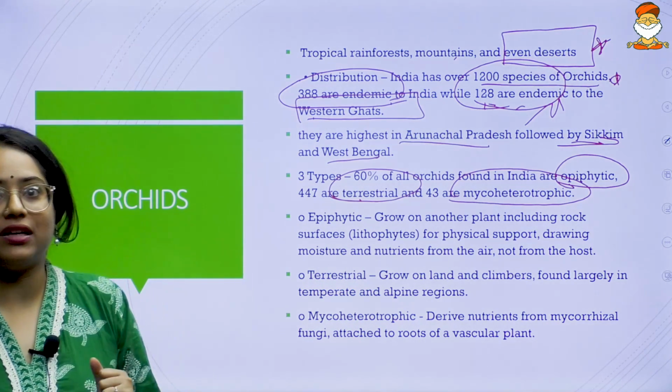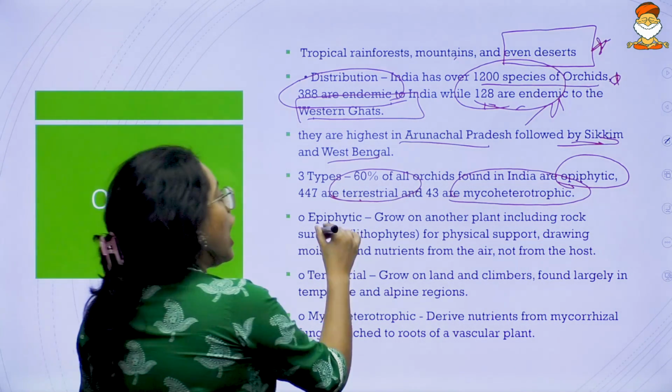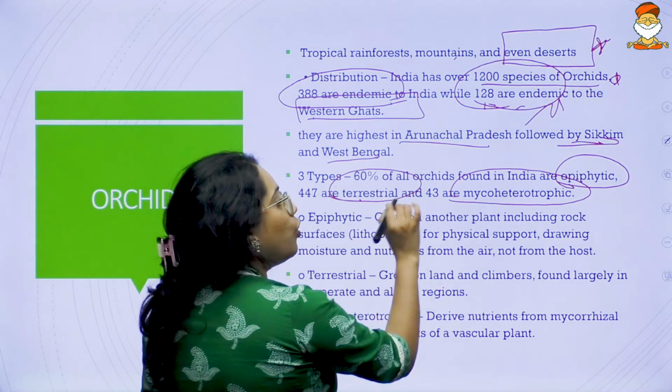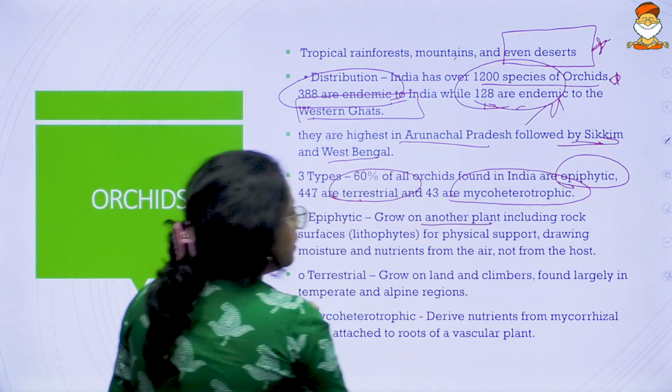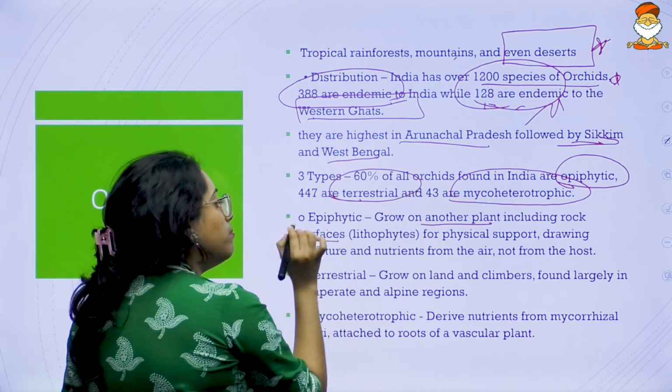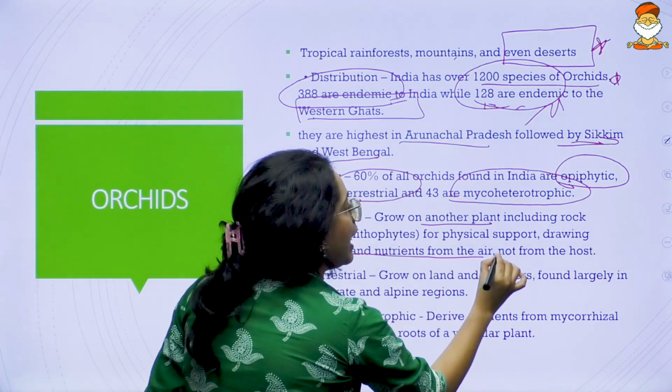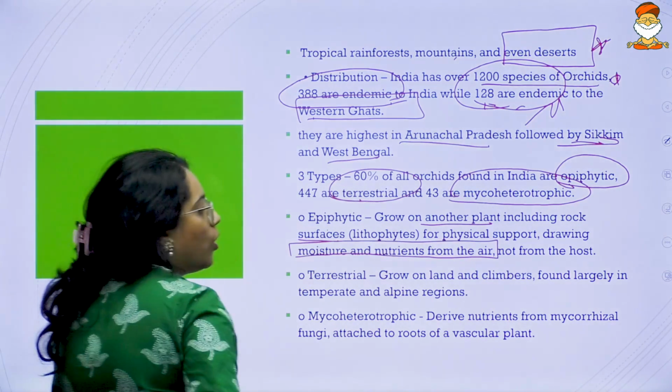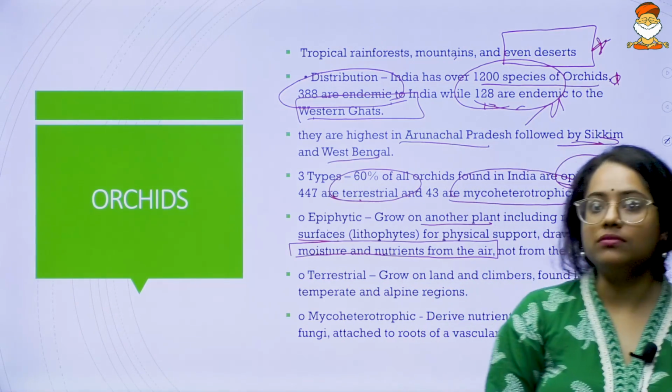From that categorization, 60% of the orchids found in India are epiphytic. So what is epiphytic? Epiphytic orchids are those which grow on another plant, including rock surfaces, for physical support, drawing moisture and nutrients from the air and not from the host. Means what?